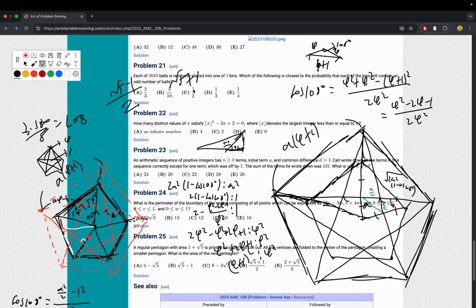Or is it root 5 plus 1 over 2? I think it is this one. Yes. Okay. Then so we have 1 plus root 5 times. This is our answer. We just need to calculate this.